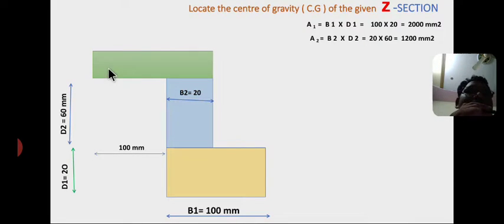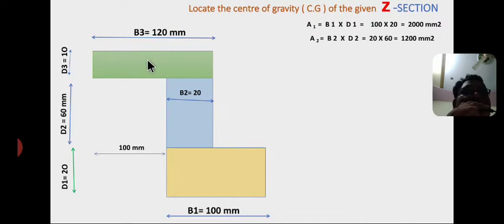The area of the third rectangle A3 equal to depth D3 into base B3. So therefore area 3 equal to B3 into D3 equal to 120 by 10 mm, that is equal to 1200 mm square. So these are the areas. For the total area, capital A equal to A1 plus A2 plus A3.